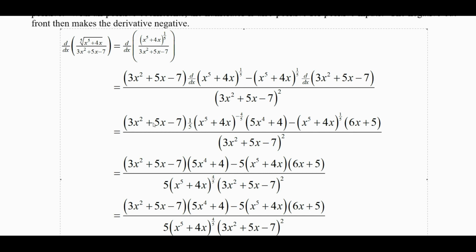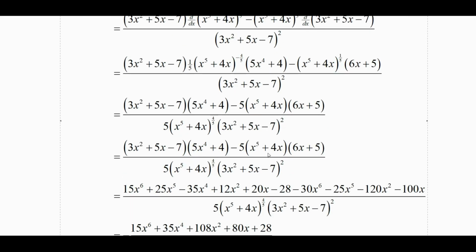So that leaves this trinomial times that binomial. I'm also going to multiply top and bottom by 5, so it's going to cancel that out. That puts a 5 in the bottom. Now here I need to multiply by 5 and by this to the 4/5 here. Well, you add the powers, that's 1, so this becomes the first power here. All right, now we've got a lot of stuff to look at.